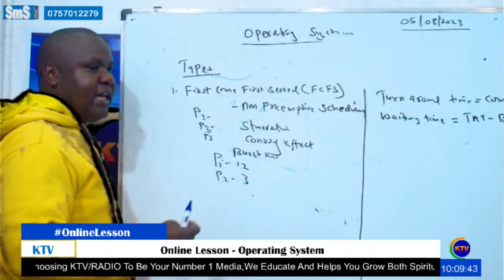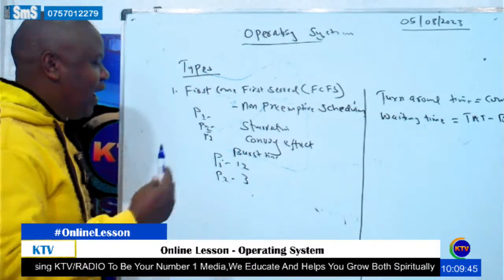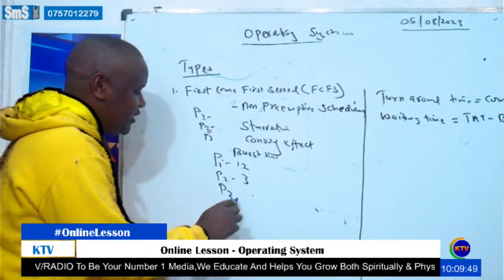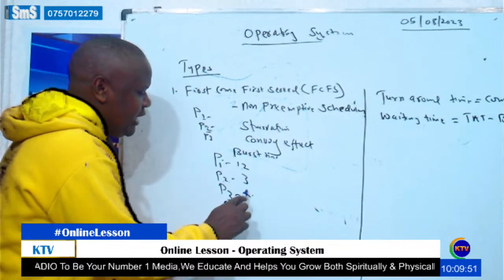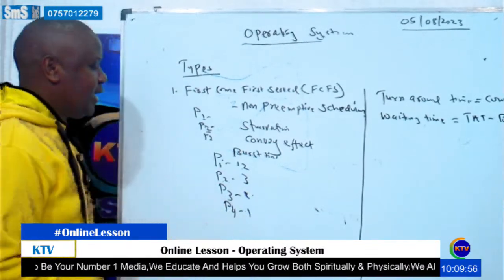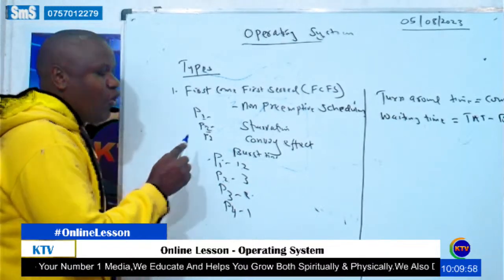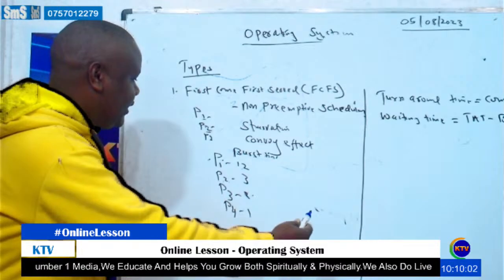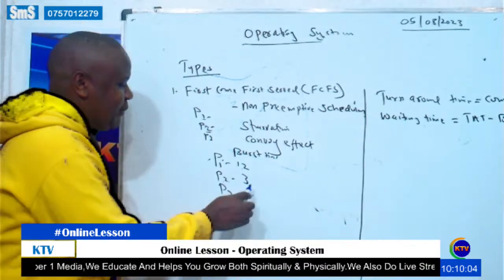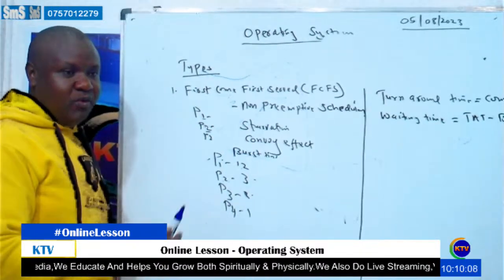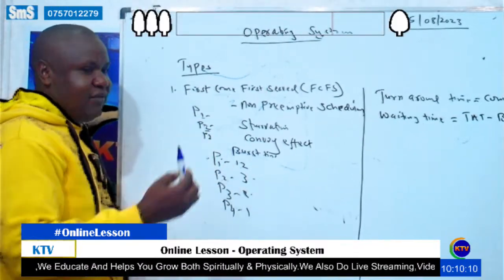So it depends on the newly arrived processes. Let's say process 3 arrives, the past time for process 3 is 2, and for process 4 it is 1. Remember, process 1 is going to be kept waiting in the ready queue while the other processes are allowed in. That is what we call starvation.